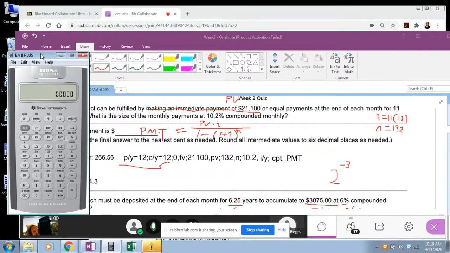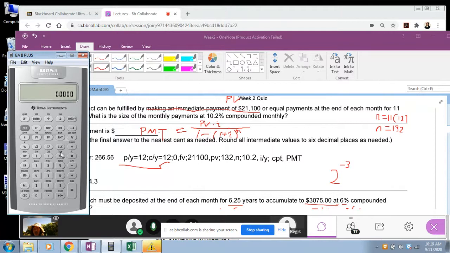Because this calculator is small, I'm trying to use this real calculator to find where is the exponential, the power function. So power raised to power. Did you see the y raised to x button here? This is the power function.